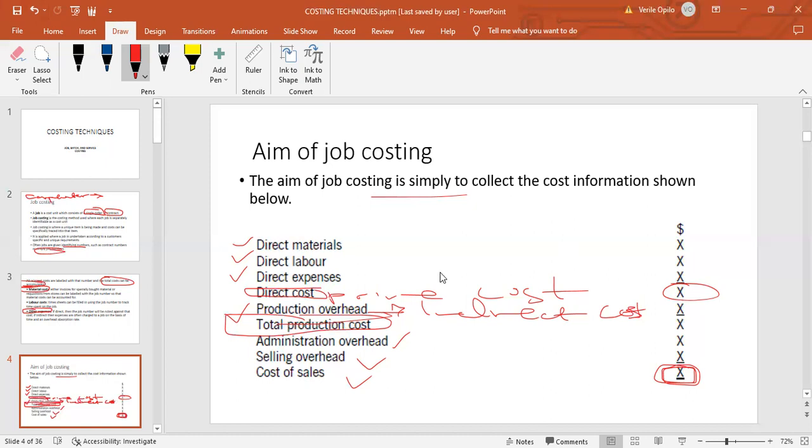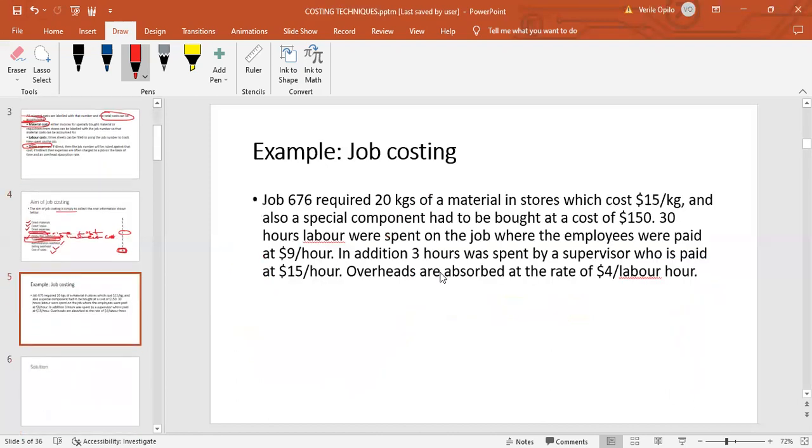So I want us to look at an example whereby we have been given a question regarding a specific job, and we're required to show how much is the total cost associated with that job. We're told here that job 676 required 20 kgs of a material in stores, which cost $15 per kg.